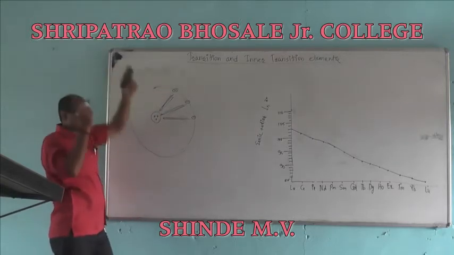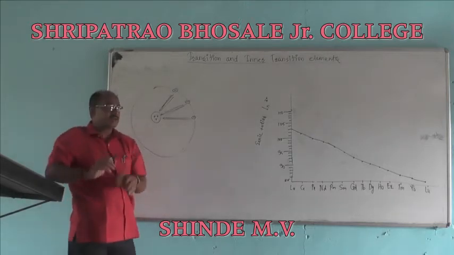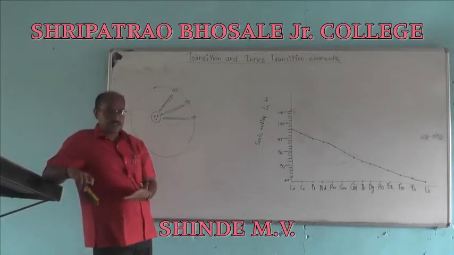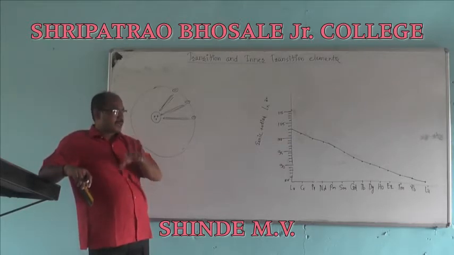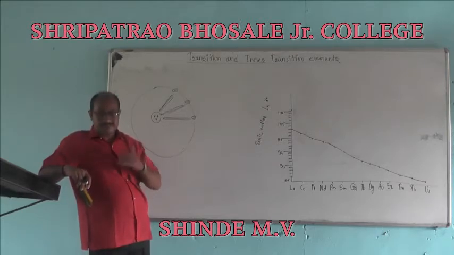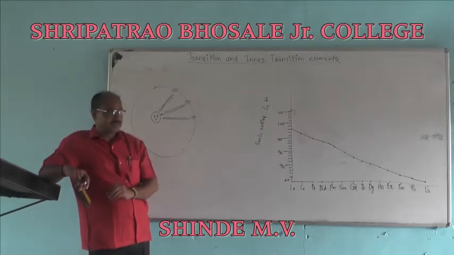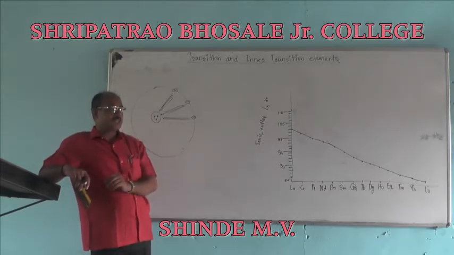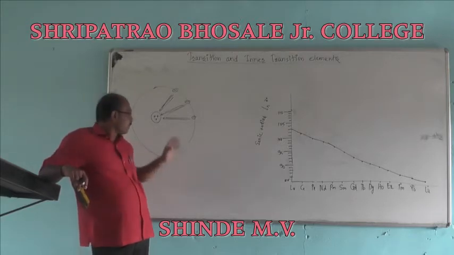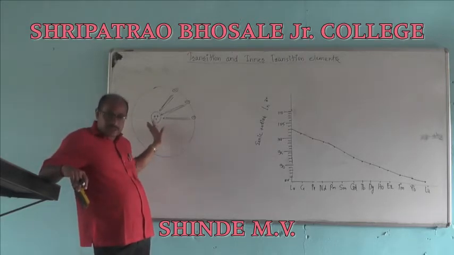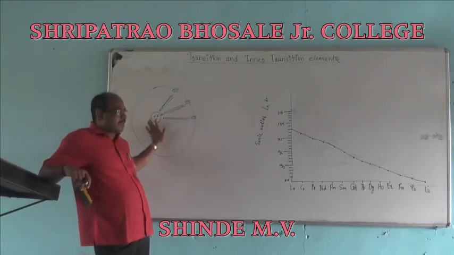And the shielding of f electrons is very poor. Due to this poor shielding by f electrons, as the atomic number increases, the number of electrons in the same subshell increases, and the positive charge, the number of protons in the nucleus, also increases.